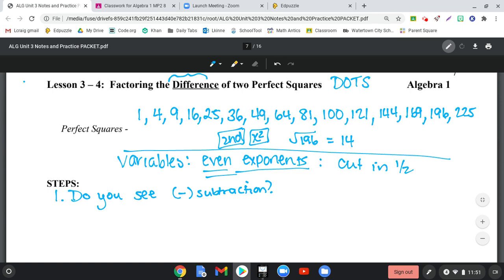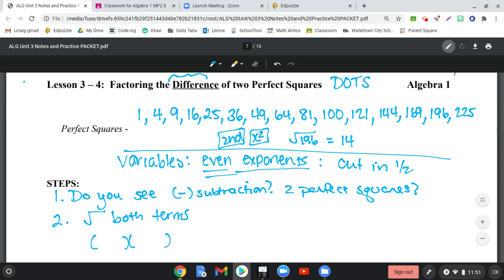And do you see two perfect squares? If those exist, then basically you're going to factor it out. You're going to take the square root of both terms, and it's going to break up into two parentheses, just like we did before.